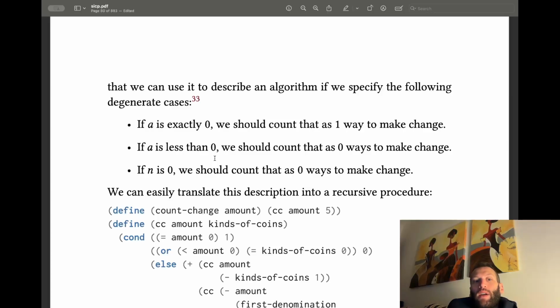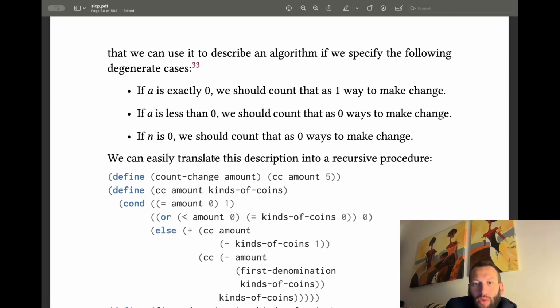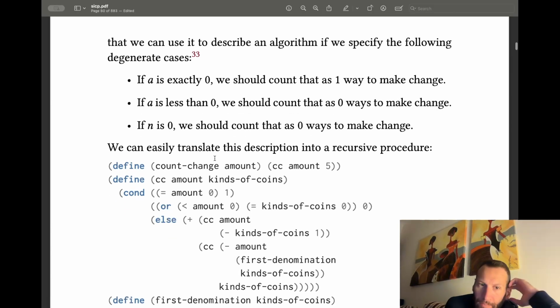If A, that is the amount to be changed, is exactly 0, we should count that as one way to make change. If A is less than 0, we should count that as 0 ways to make change. If n is 0, we should count that as 0 ways to make change. And we can easily translate this description into a recursive procedure.